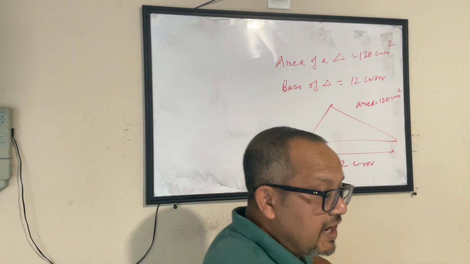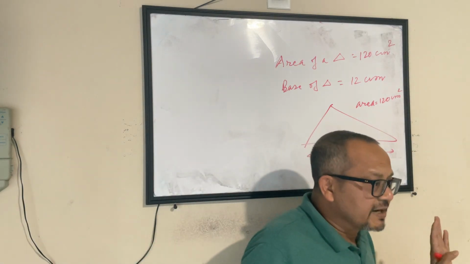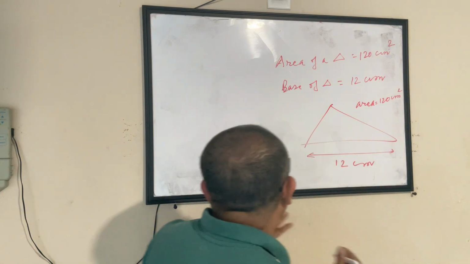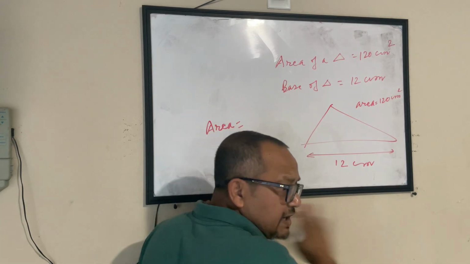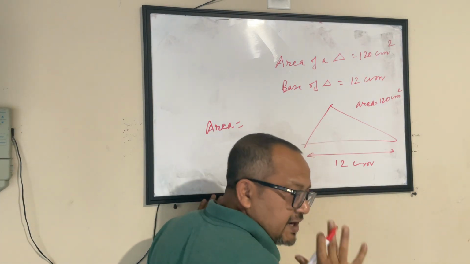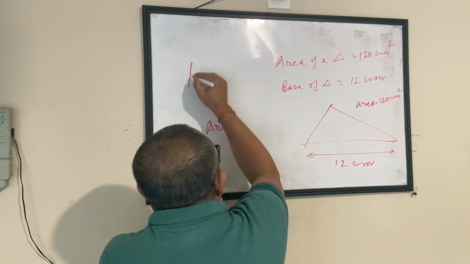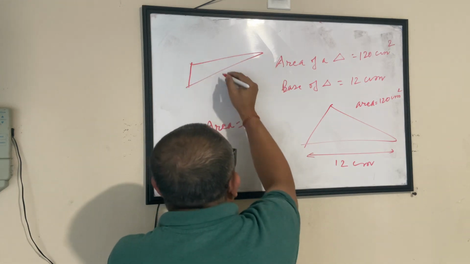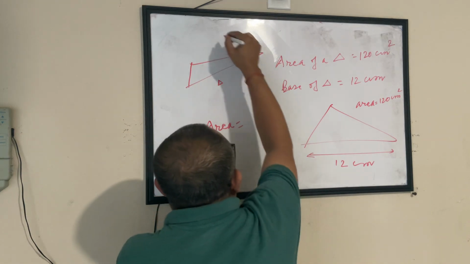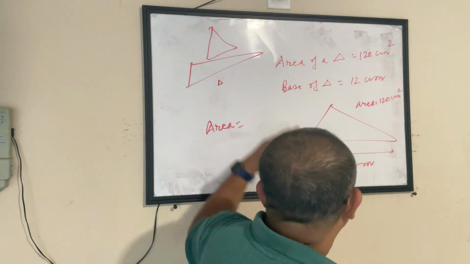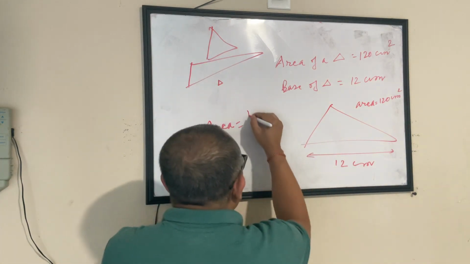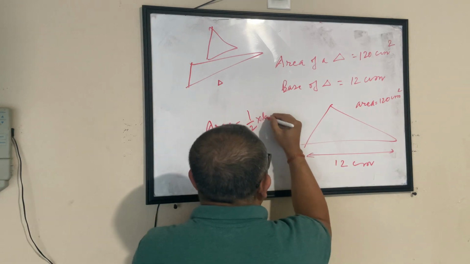Now, I have told it probably 10 or 12 times by now. Area of any triangle, regardless of what kind of triangle you're talking about, any triangle meaning a shape which has three sides, be it like this, be it like this, or be it like this, area of the triangle will be half into base into height.